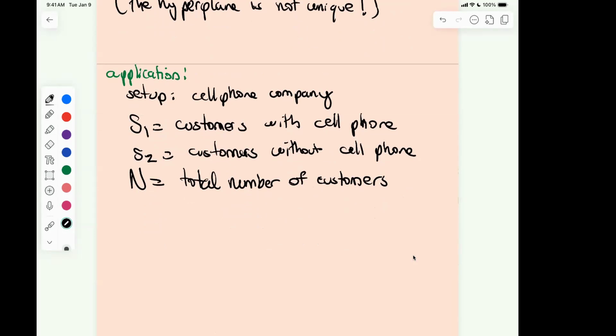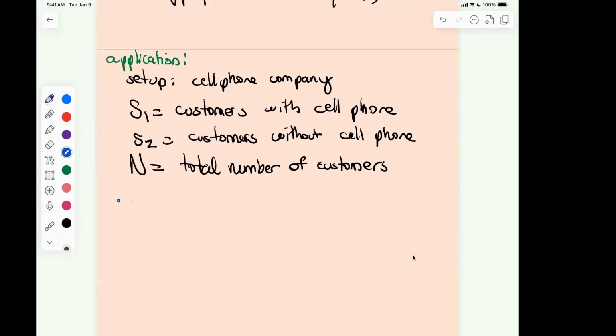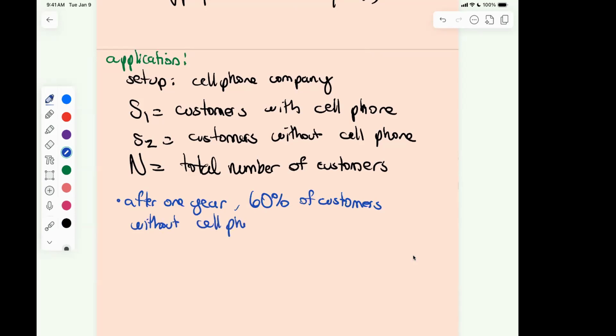So here's the condition. After a year, or it could be after a month or after a week, after your favorite unit of time, but let's just work with years. After 1 year, let's say that 60% of the customers without a cell phone will get one, will buy one, and 20% of the customers with cell phones will get rid of it.